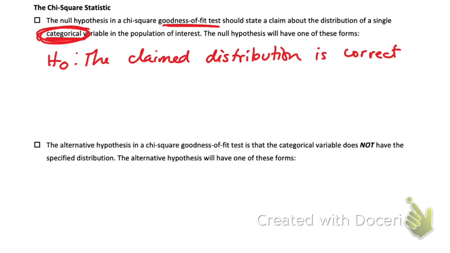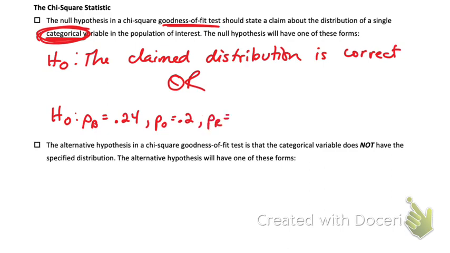Now, I could make there be a notation if, for example, I wanted to make this M&M distribution using actual numbers. My null hypothesis could be P sub blue equals 0.24, P sub O equals 0.2, P sub R equals 0.13, and so on. So, I could do that.